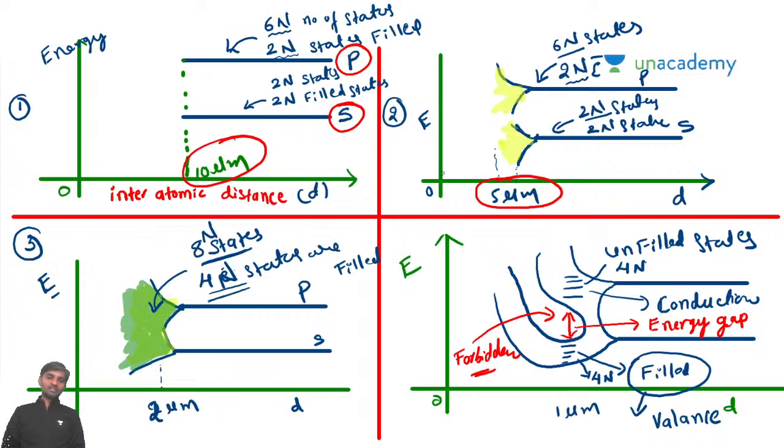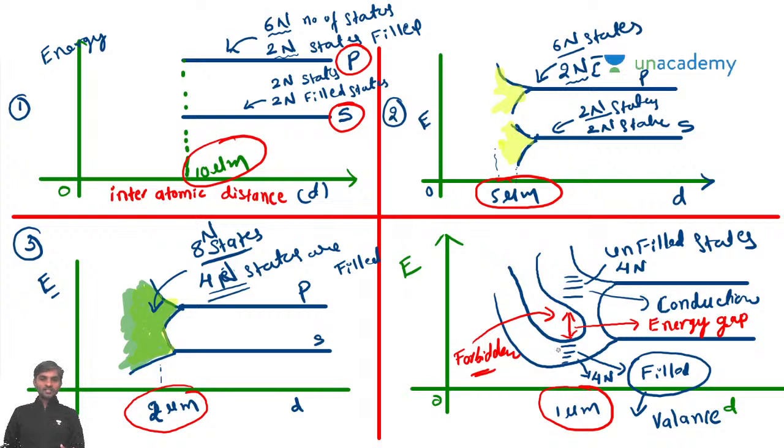If you decrease it further, what happens? The overlapping of the energy levels will happen. And if we decrease it still further, to 1 micrometer, all the filled states will come into one area and all the unfilled states into another area.